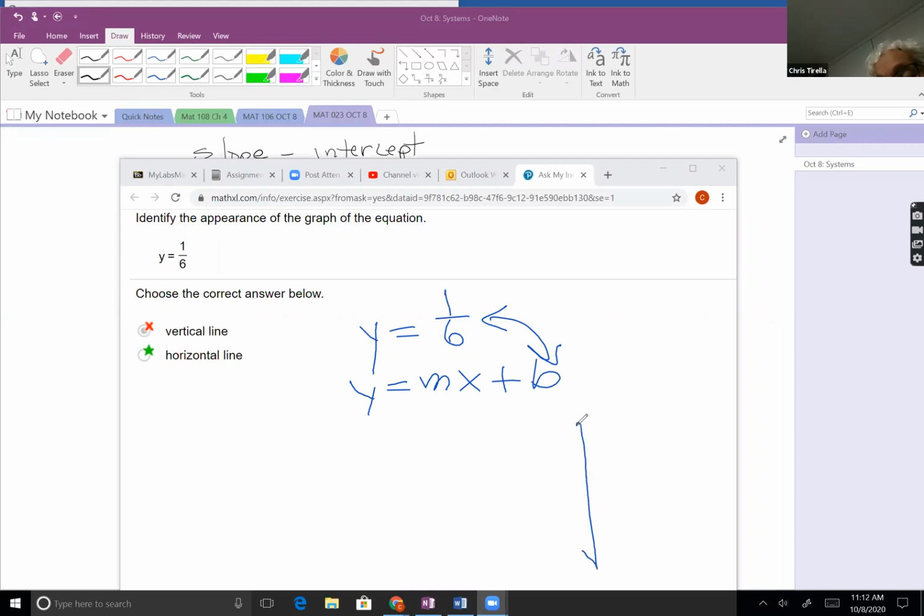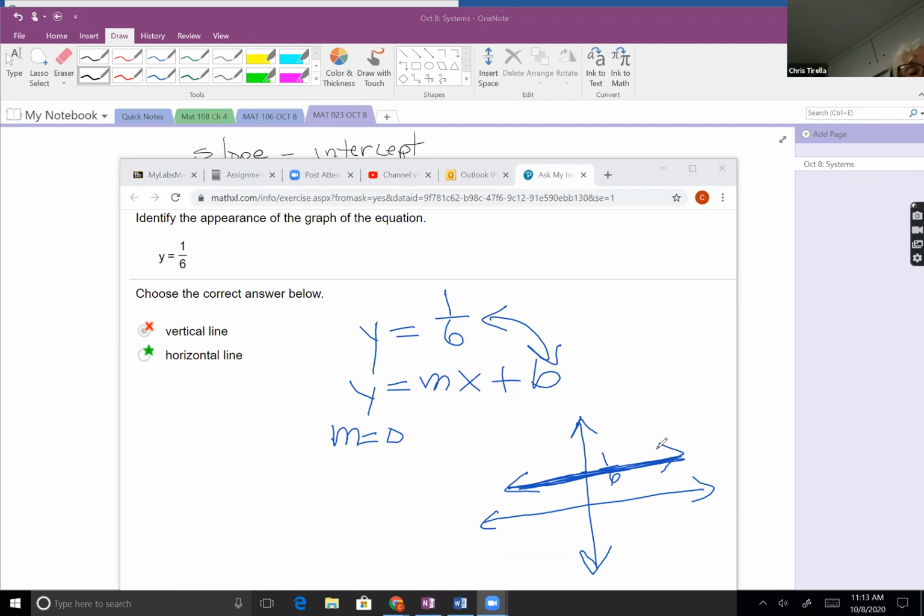So this is going to be a line that crosses the y-axis at whatever place 1/6 would be. Because it has no x, we could say that m is 0, which means it has 0 slope, or it just means that it's going to be a horizontal line. And so anytime I have an equation where it's just y equals a number, it will be a horizontal line.